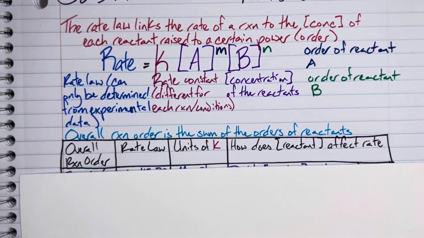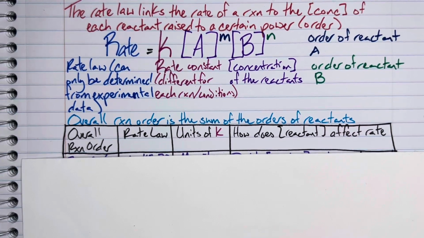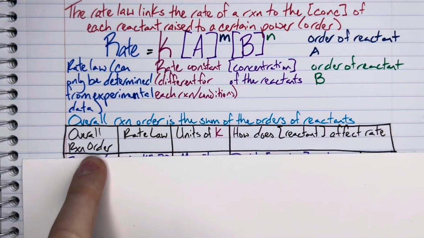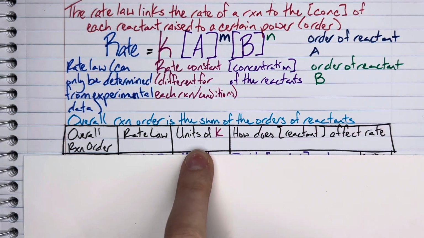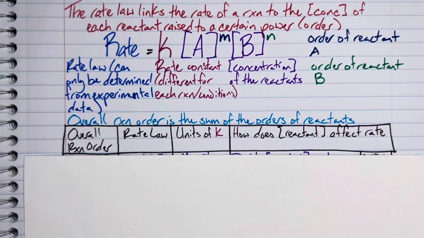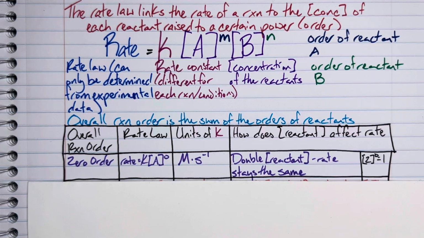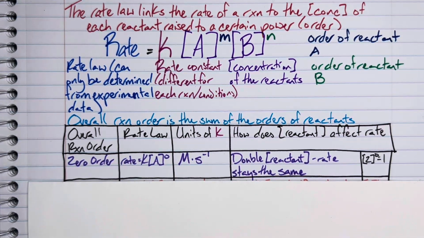We're going to make a little table here to go ahead and define our overall reaction order, the rate law as it applies, units for K, and how the concentration of the reactant affects rate. So for zero order reactions, our rate law is effectively just K, since the concentration of A is raised to the 0 power.